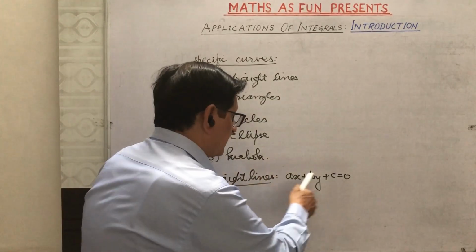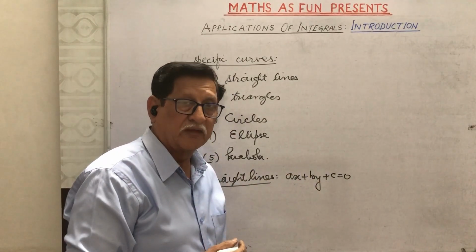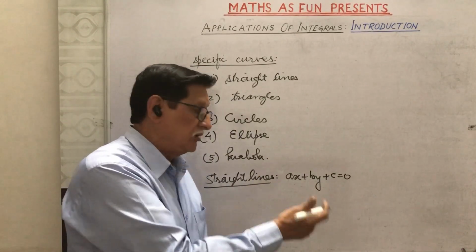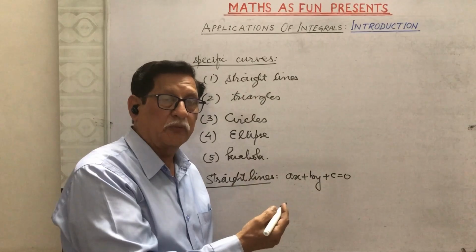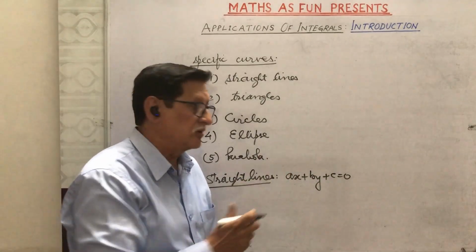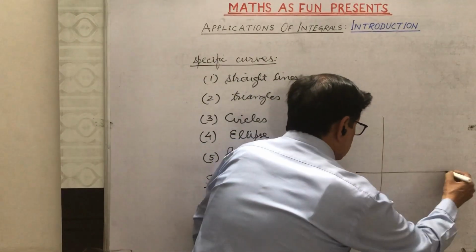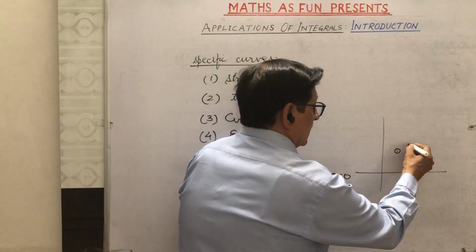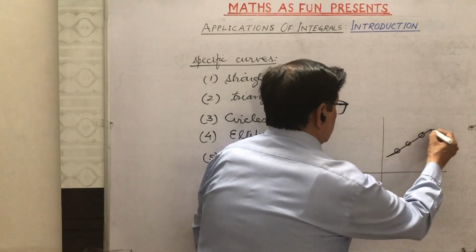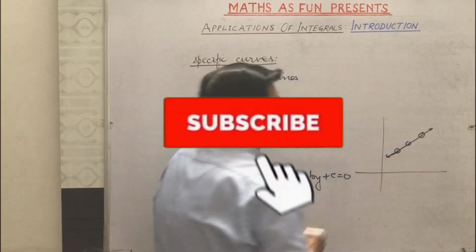In such case, when the equation is given in two variables, to draw the line, what we do, either we take 3 points on the line or minimum 3 points on the line which are satisfying this particular equation, and we plot these on the graph, and then joining them we can find out the straight line.